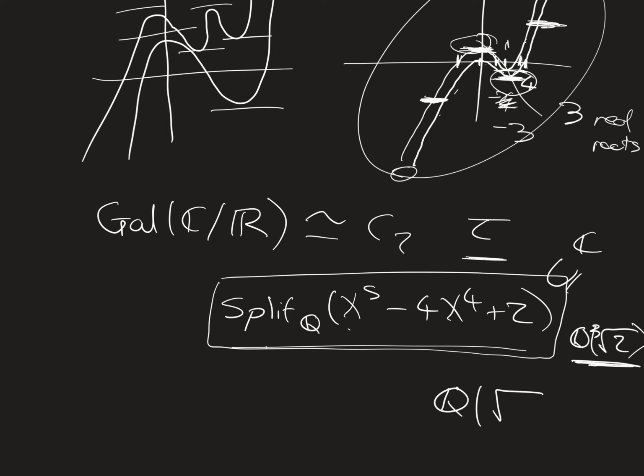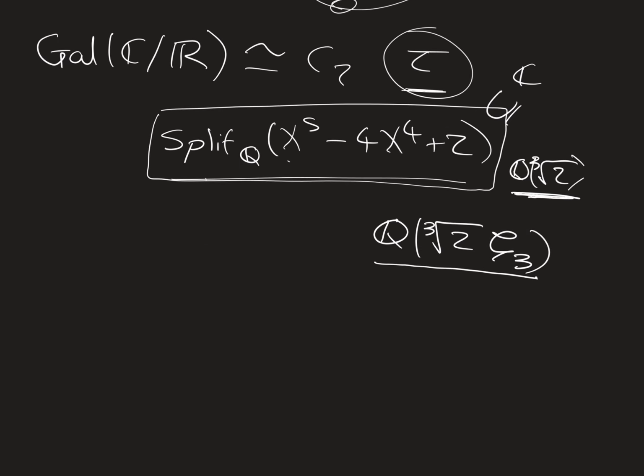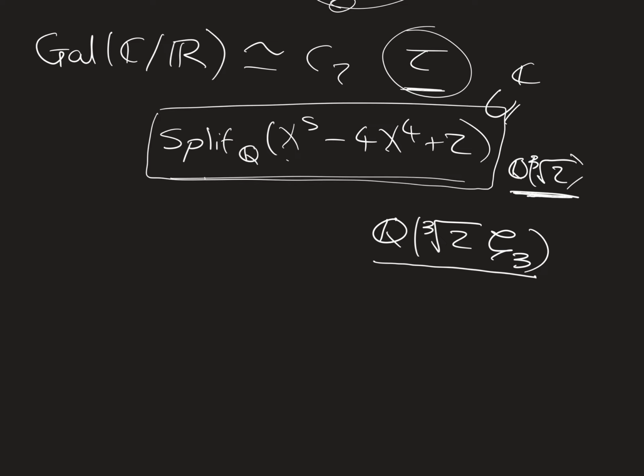adjoin cube root of 2 and zeta 3, so the primitive third root of unity is what I mean by zeta 3, e to the 2 pi i divided by 3. This would be a subfield of the complex numbers. If I apply this automorphism, complex conjugation, to this subfield, it would not restrict down to being an automorphism of this subfield, because it would map this onto a different subfield.